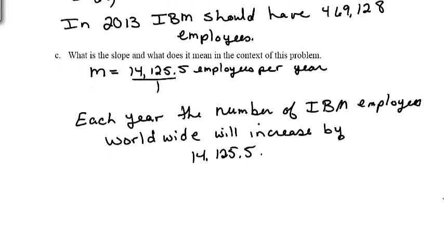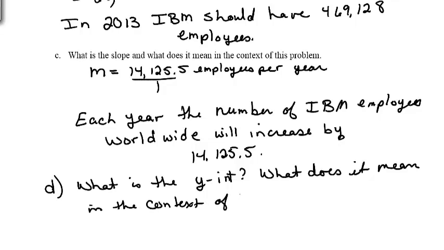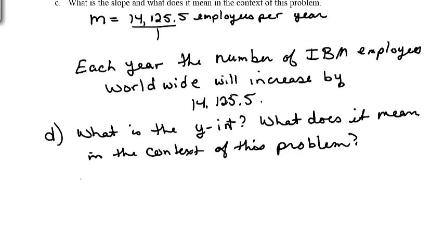Okay, and then one more problem that I just want to add on here, and that's what is the y-intercept? And what does it mean in the context of this problem? So first of all, say what the y-intercept is.